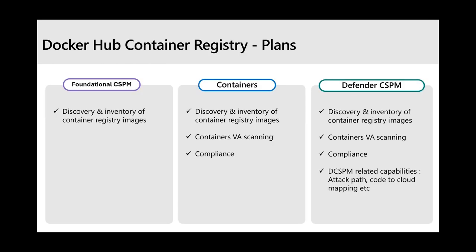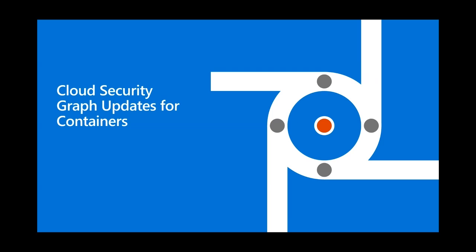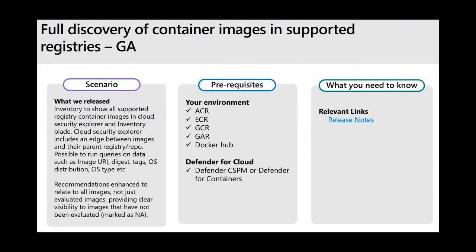Taking a look at the next capability here. In addition to all the things that we discussed, we've also added other upgrades to the cloud security graph. The first one is expanding our discovery of container images to include all images discovered by Defender for Cloud, not just images that have vulnerability assessments.